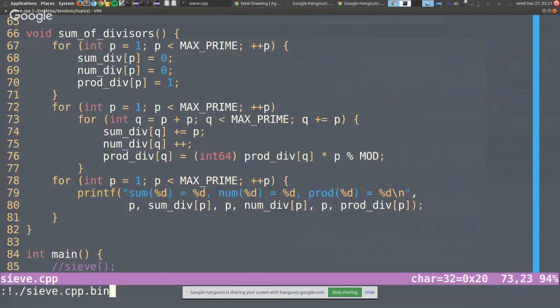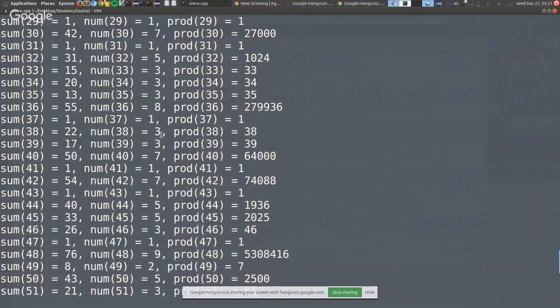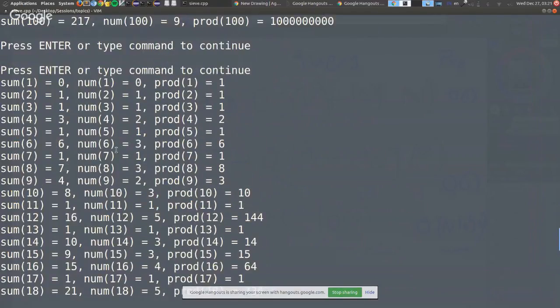So here we find that the 6 has the sum of the numbers 1, 2, and 3. The prime numbers have the count of divisors equal to 1, you can see here, because there's only one divisor.